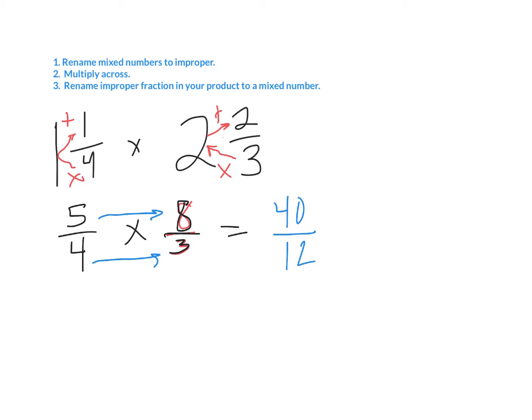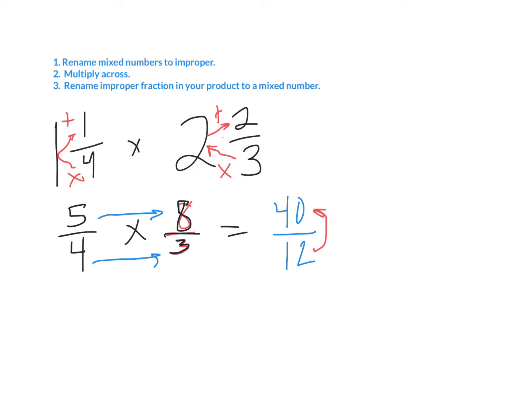So what I can do with this is I can change it, because we know how to do that. I can ask myself how many times, if you do it this way, or you can pull out groups of 12 twelfths. But in this case, if I take 12 and I ask myself how many times can 12 go into 40, I can take and multiply groups of 12.